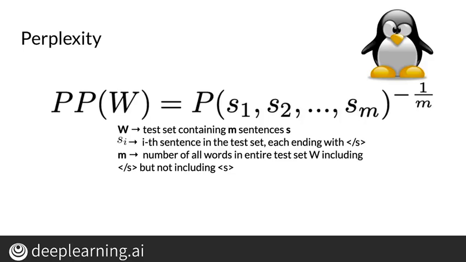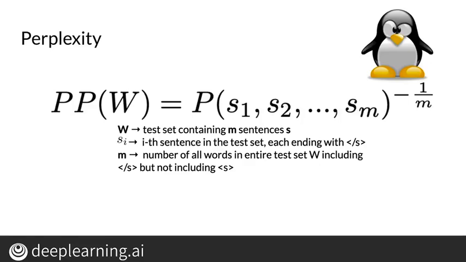Perplexity is used to tell us whether a set of sentences look like they were written by humans rather than by a simple program choosing words at random. A text that is written by humans is more likely to have a lower perplexity score. On the other hand, a text generated by random word choice would have a higher perplexity.